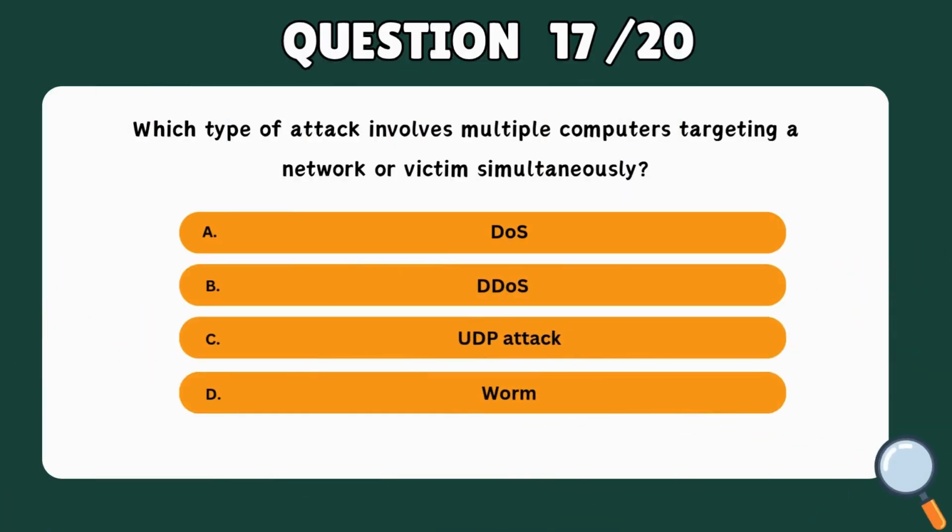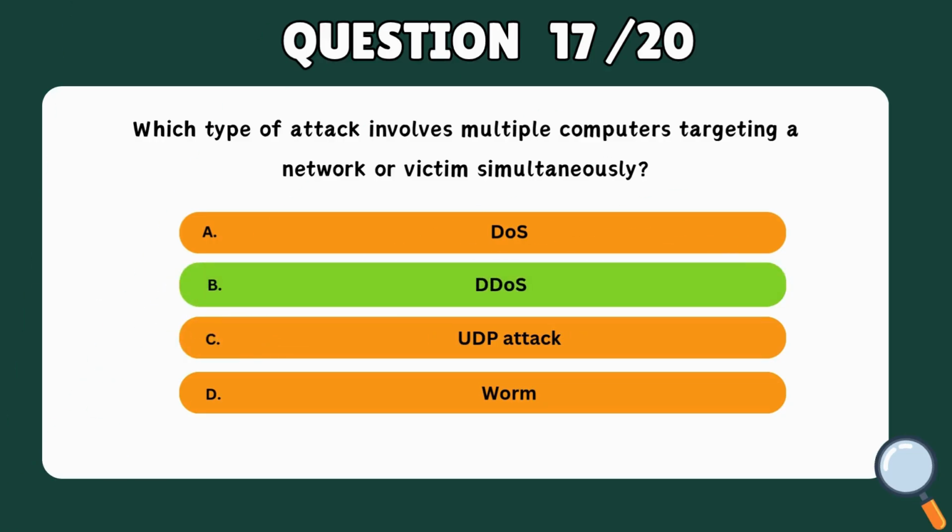Question 17. Which type of attack involves multiple computers targeting a network or victim simultaneously? A. DoS. B. DDoS. C. UDP attack. D. Worm. Correct answer.